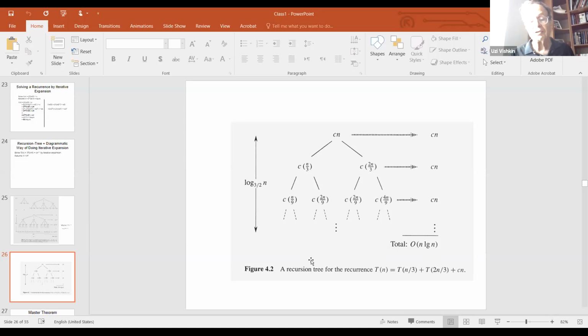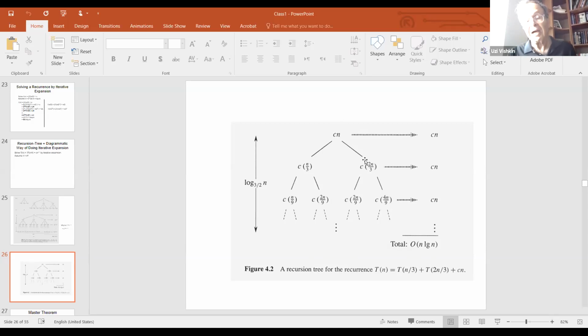And what is going to be the maximum depth of this tree? The maximum depth is going to be logarithmic, but the base of the logarithm will be 3 over 2, right? Because instead of coming down by a factor of 2, this is going to be the longest path to a leaf. Is that clear? Because the others are coming down much faster.